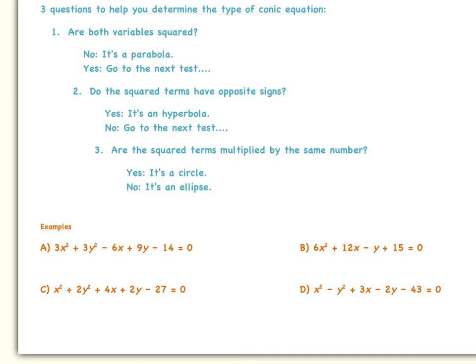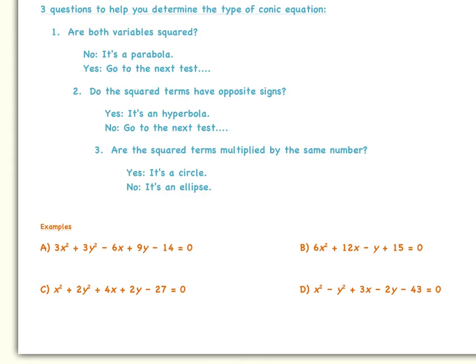If the answer is yes, you go to the next question. So let's look at question number two. Do the squared terms have opposite signs? If the answer is yes, you have a hyperbola, and if the answer is no, then you go to the final question. And that is, are the squared terms multiplied by the same number?